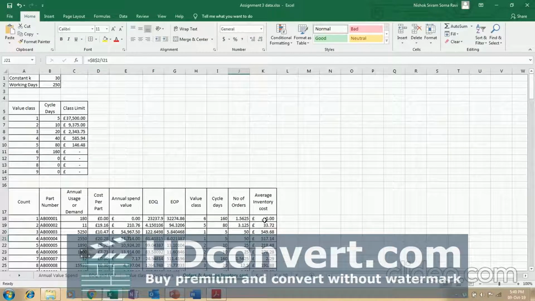Next, average inventory cost. What is the average inventory cost for each product?